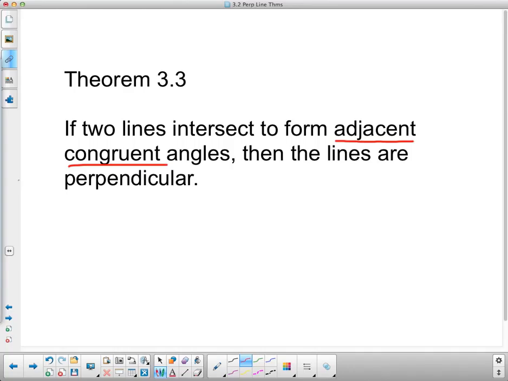And I need to use two lines when I do that. So, okay, here's one line. Now, how would I position the next line so that when they intersect, the two angles formed are gonna be congruent, and of course, they'll be side by side? Right down the middle? What do you mean down the middle? Like, so they're both 90 degree angles, because if it was going in an angle or like a diagonal, it would be different.